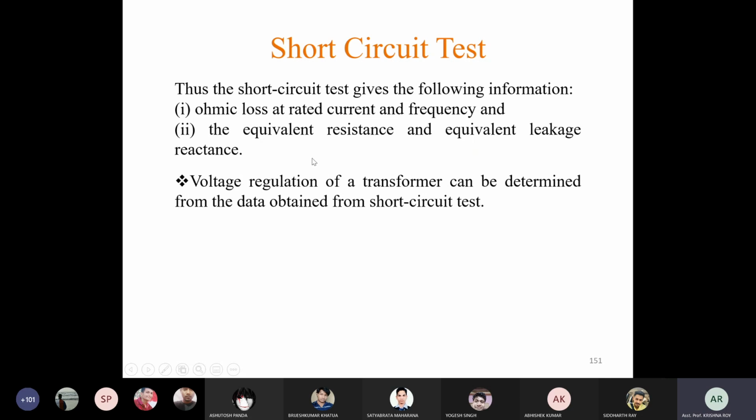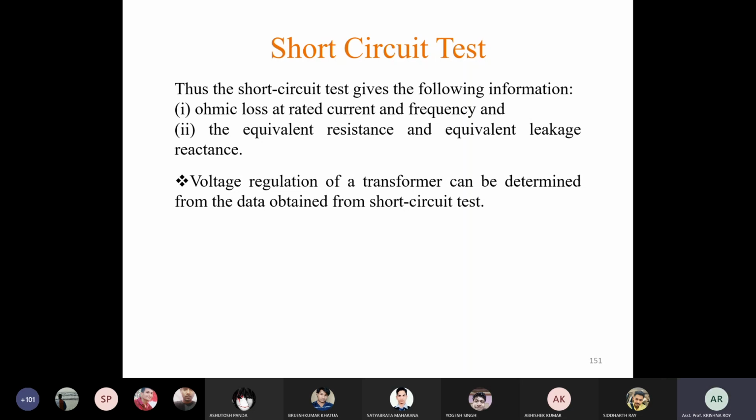Now we can also determine voltage regulation as well as transformer efficiency from the open circuit test and short circuit test data. For voltage regulation calculation we need only short circuit test data, because we require the two parameters RE and XE, and the rated current value.